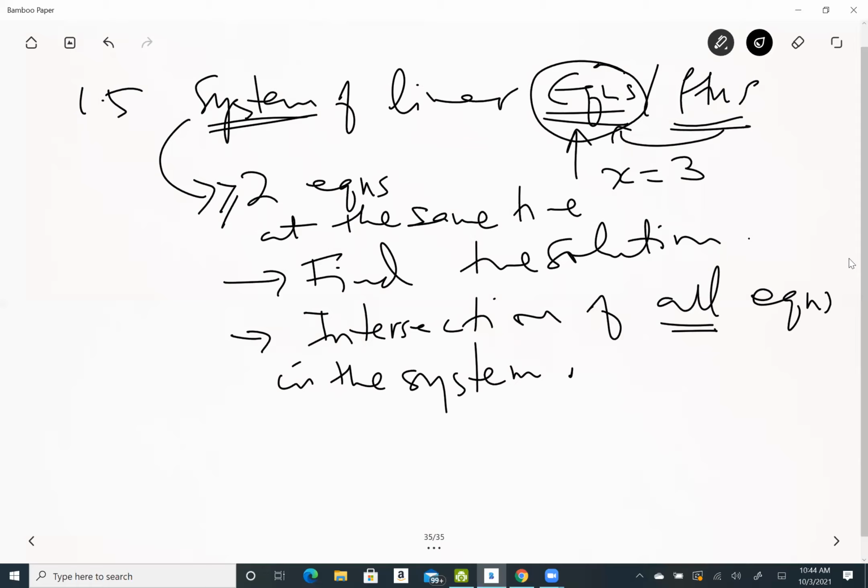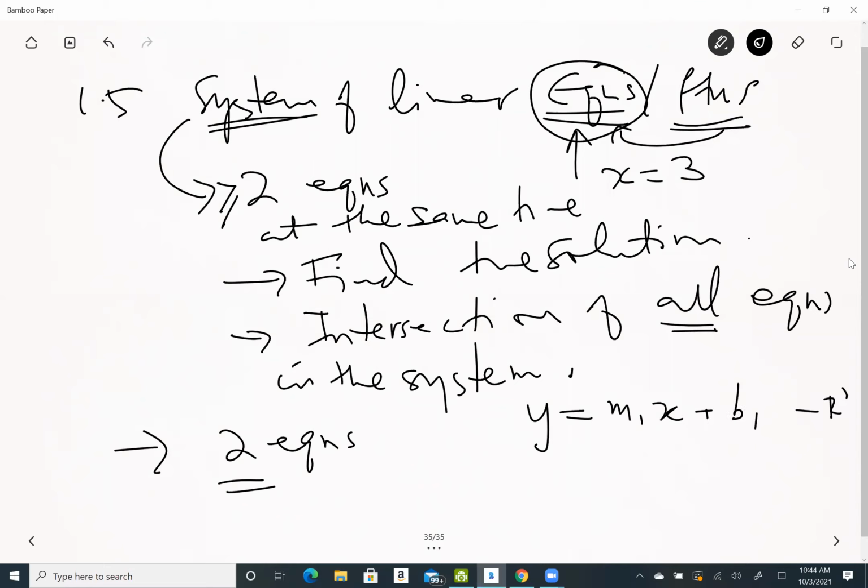So let's consider a system of two equations. We can consider three, but that is beyond our discussion. So let's say you have the following: y equal to m1x plus b1, we call it number 1.